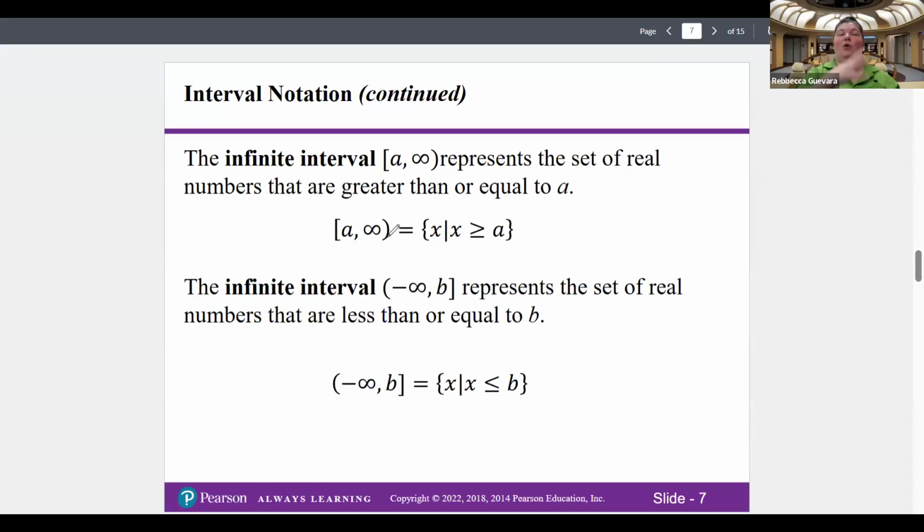Remember, your infinities always get a parenthesis because we can't touch them. So this one represents x is greater than or equal to a. Negative infinity to b with a bracket represents all your x values that are b or less. I said that backwards. It's going to be less than or equal to b.